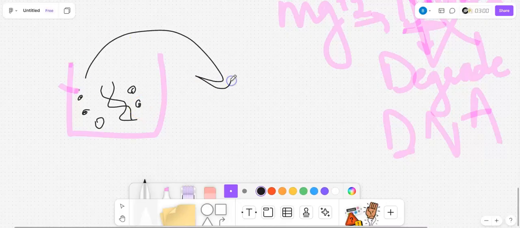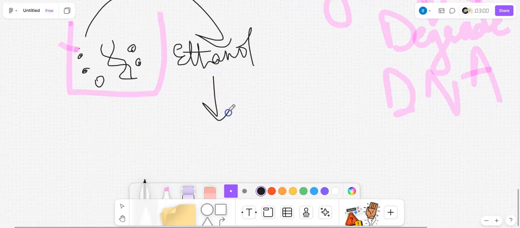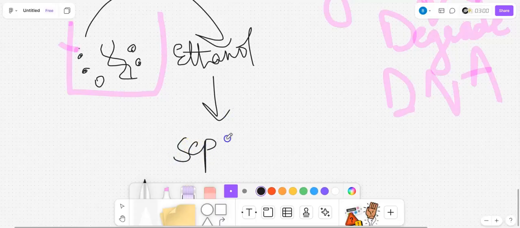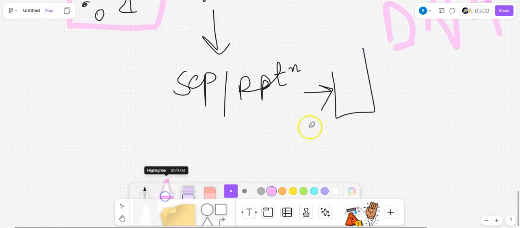To separate this, we will add ethanol or isoamyl alcohol, which will cause separation. ఇది ఏం చేస్తుందంటే ప్రిసిపిటేట్ చేస్తుంది, DNA ని ప్రిసిపిటేట్ చేస్తుంది. ఈ ప్రిసిపిటేషన్ వలన what will happen? This precipitation will lead to ఆ ఇథనాల్ ఏదైతే ఉందో DNA ని తీసుకొని ప్రిసిపిటేట్ అవుతుంది.